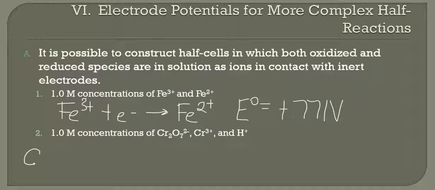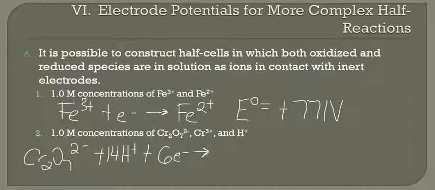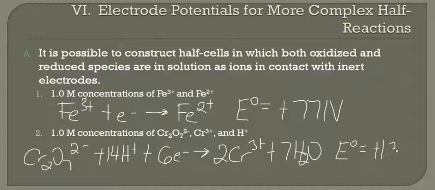Half reaction would look like this. And the standard reduction potential, 1.33 volts. But these more complex half reactions will be included in the electromotive series.